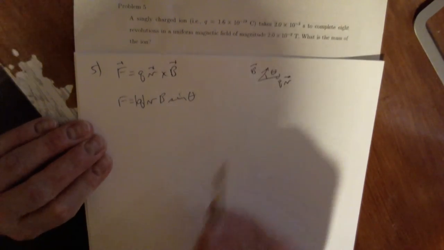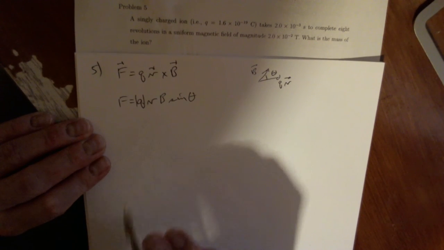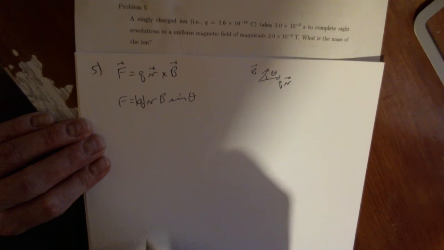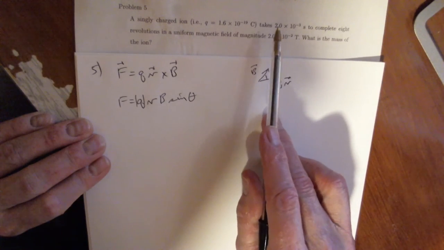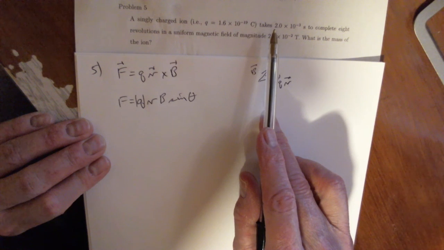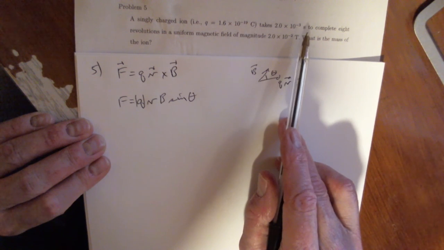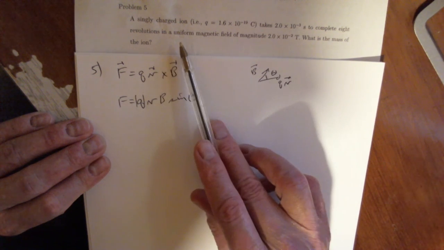Now, the velocity is not given in this problem. The amount that's given that's relevant to the velocity is the period, which is going to be 1/8 of this amount of time it takes to complete 8 revolutions.